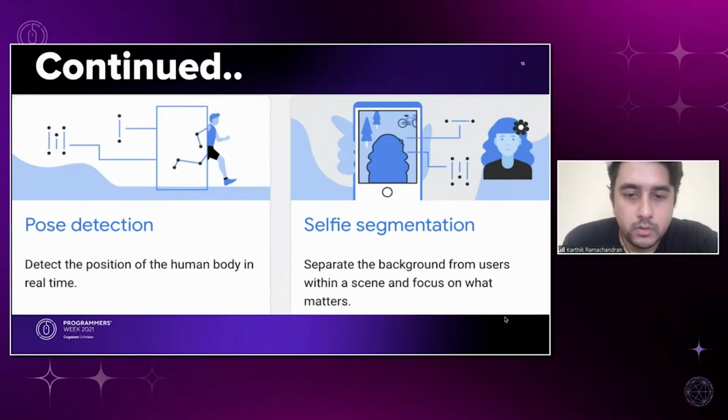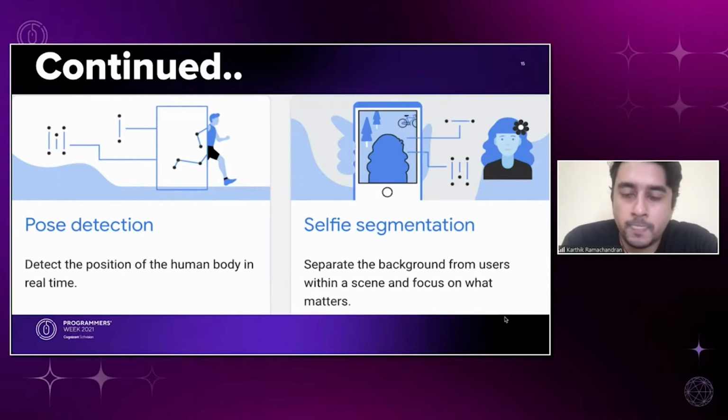So I would now like to talk about pose detection, because this is what I have worked on completely. And this pose detection is in beta right now. It has not been released completely, so it is in beta.